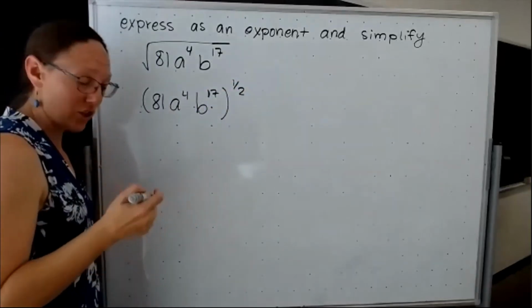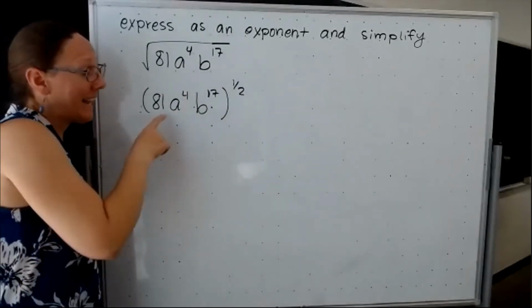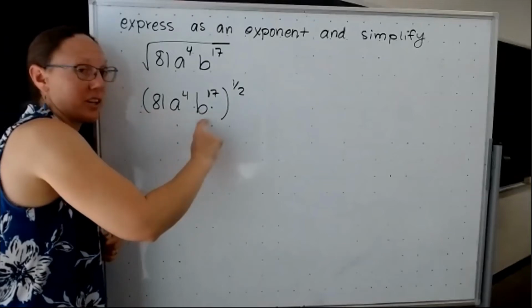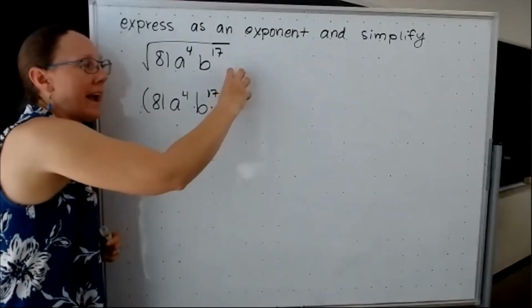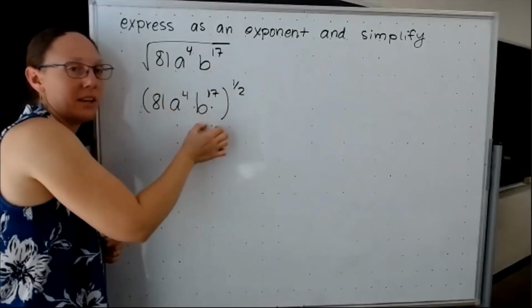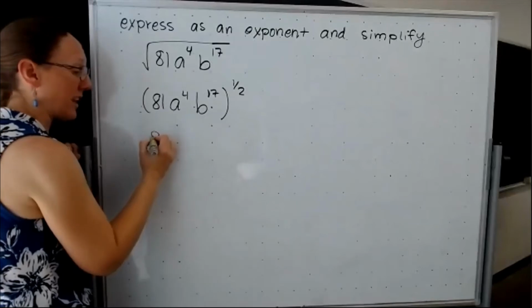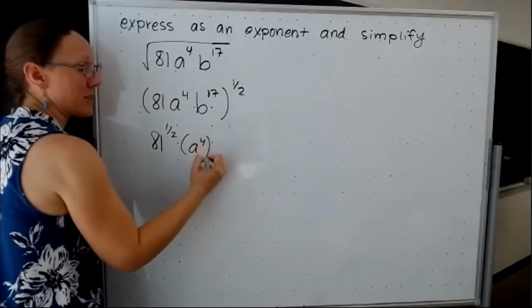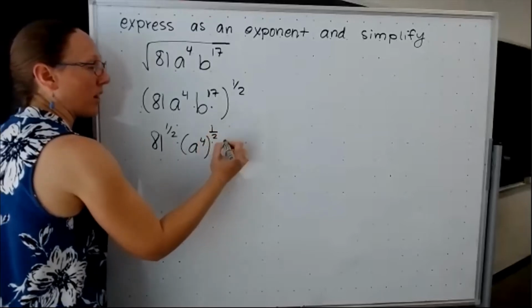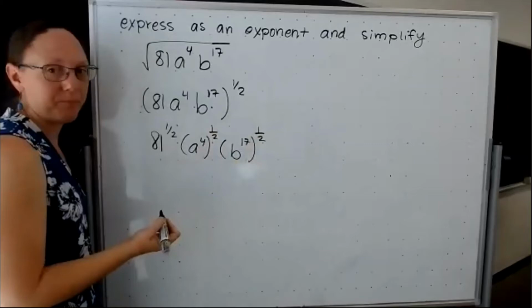Next, thinking back to how our exponents work, if only multiplication is inside of these parentheses, then that 1/2 belongs to each piece, meaning I can distribute that 1/2 through so that this looks like 81 to the 1/2 power times a to the 4th to the 1/2 power times b to the 17th to the 1/2 power.